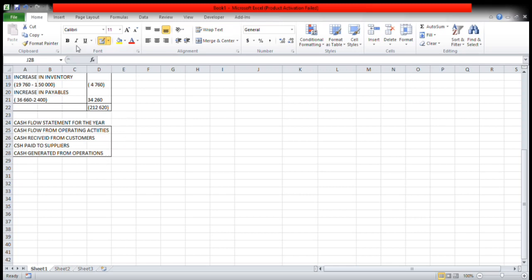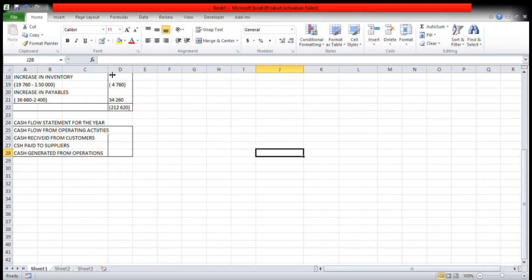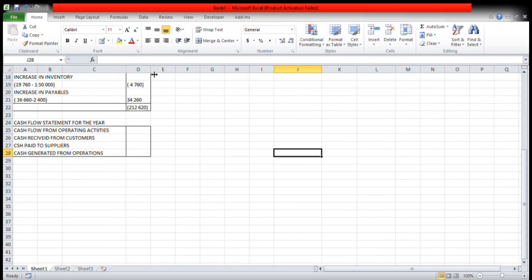Statement of cash flows. Something like this.